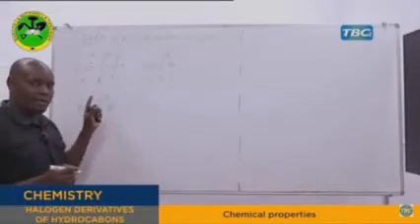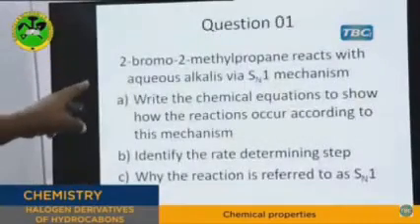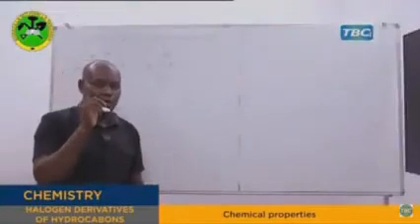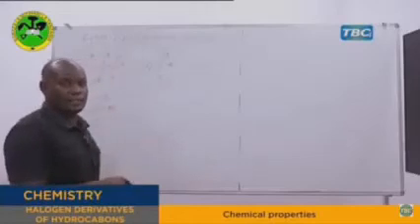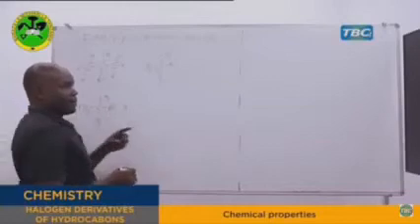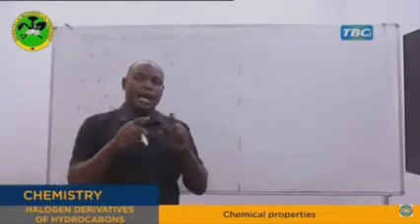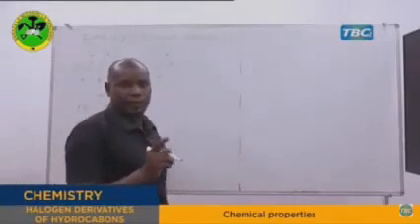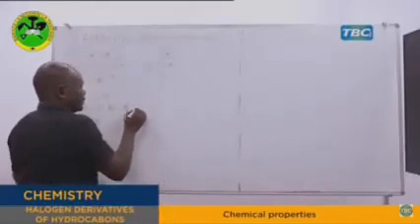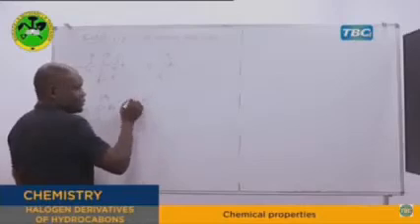If it is a tertiary haloalkane, that means it undergoes a first order nucleophilic substitution reaction, meaning that the reaction depends on the concentration of only one reactant. So our alkali releases hydroxide ions as the nucleophile, and the hydroxide ion is a strong nucleophile that can substitute the halogen. So our nucleophile is hydroxide.